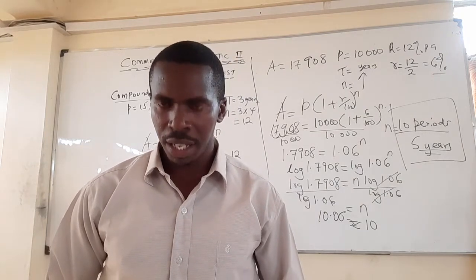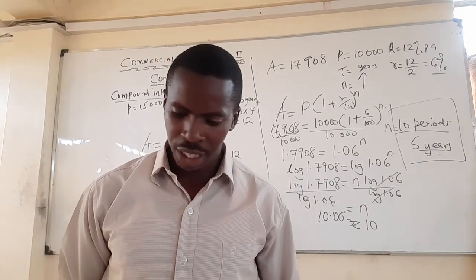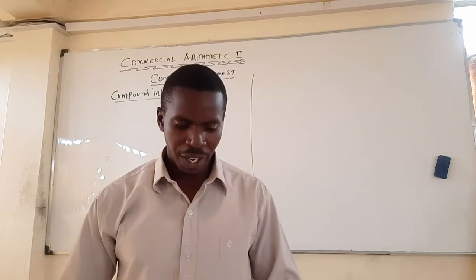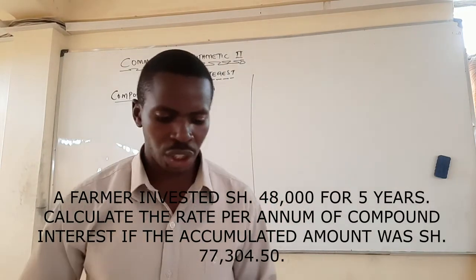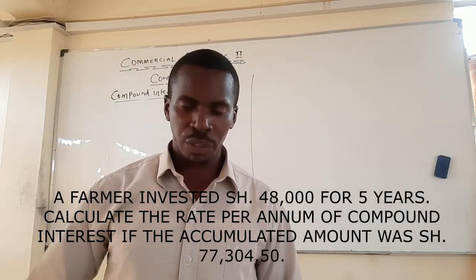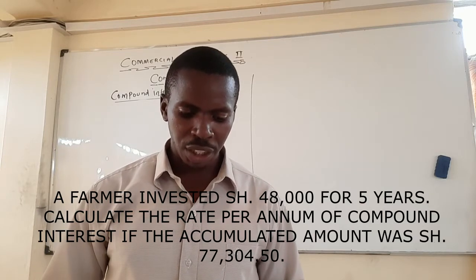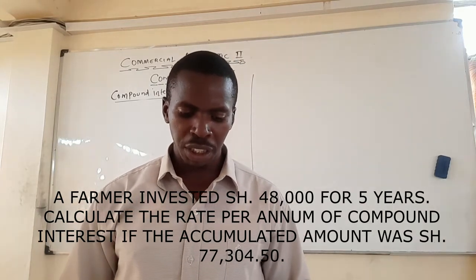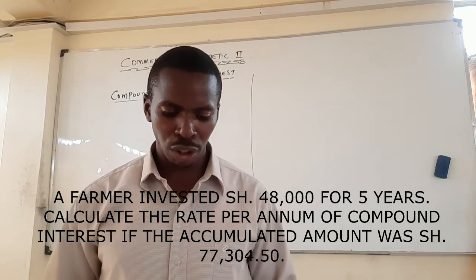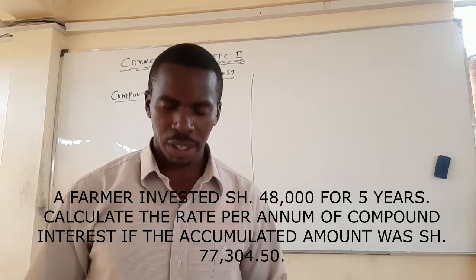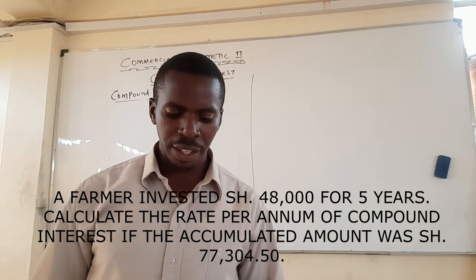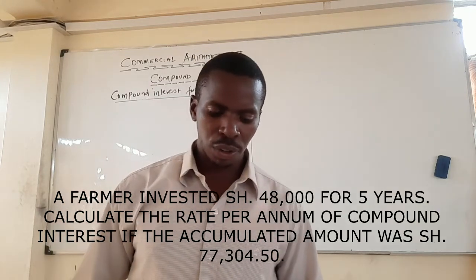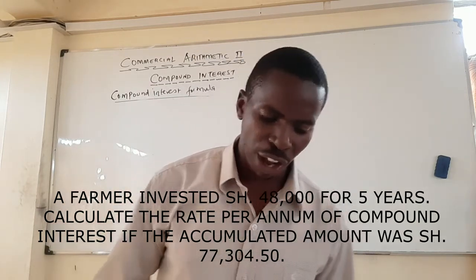Let's have example 3. So example 3, we have a farmer invested 48,000 for 5 years. Calculate the rate per annum of compound interest if the accumulated amount was 77,304 shillings 0.5.